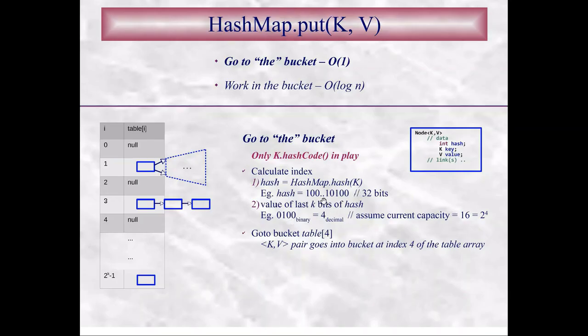In this specific case, we ran the hash and got these 32 bits. We take the value of the low end 4 bits, and that says 4. So the bucket that the entry with that key should go in is the bucket at index 4.